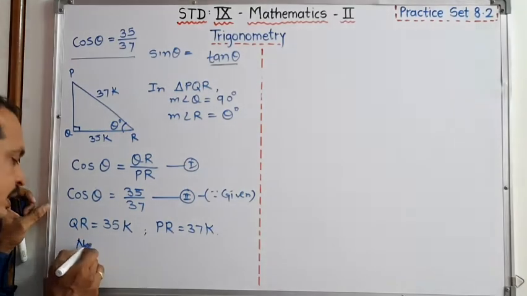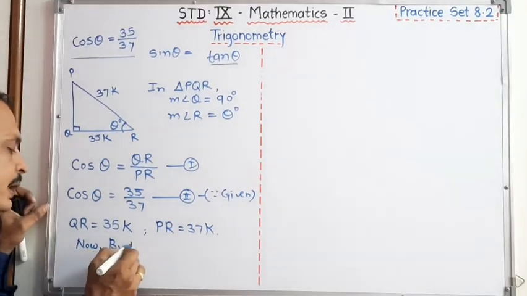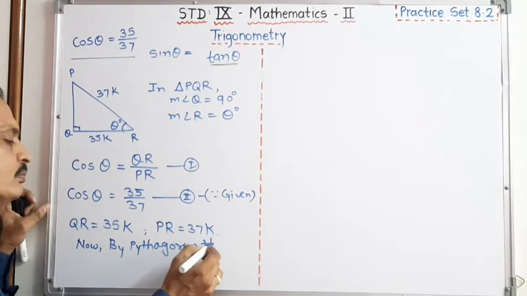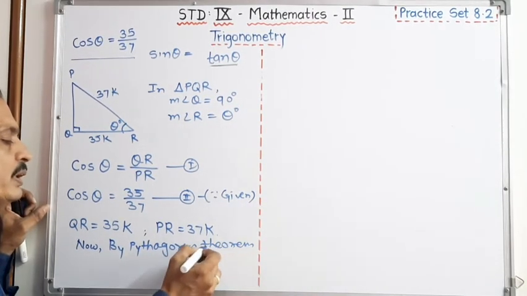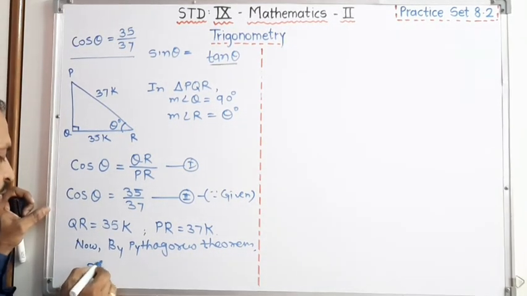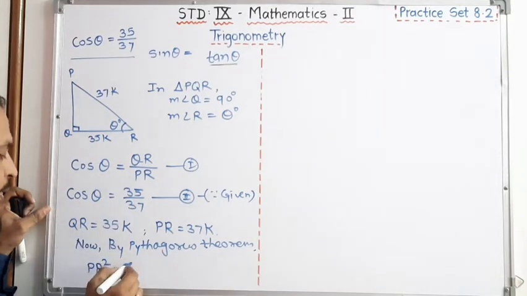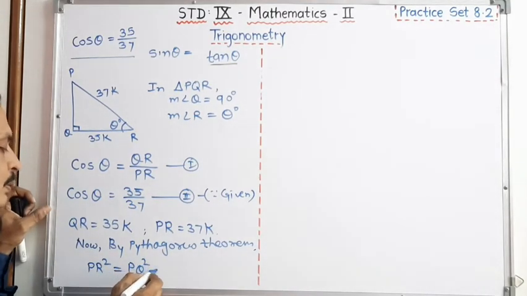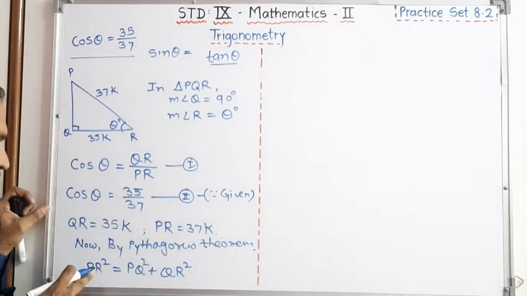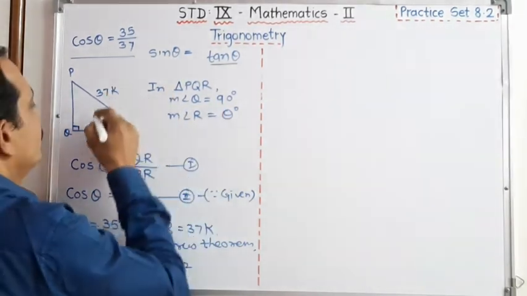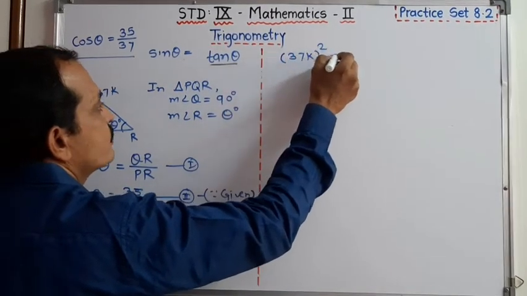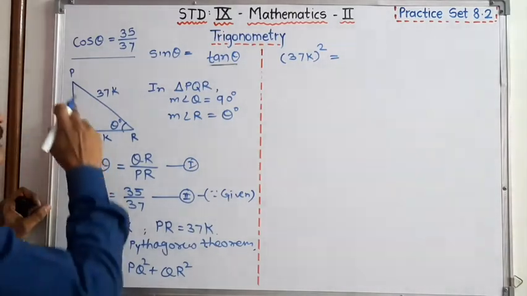Therefore directly we can write here now, by Pythagoras theorem, PR square is equal to PQ square plus QR square. Now see dear student, the length of PR is 37K bracket square is equal to PQ.